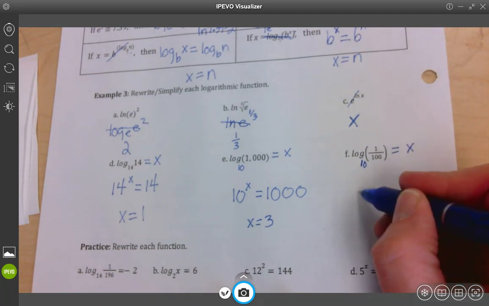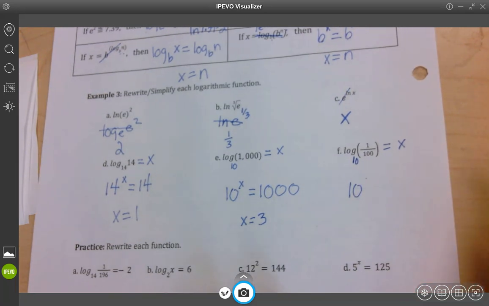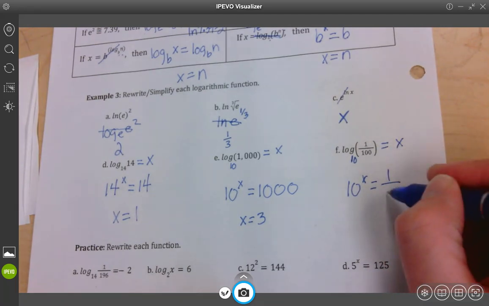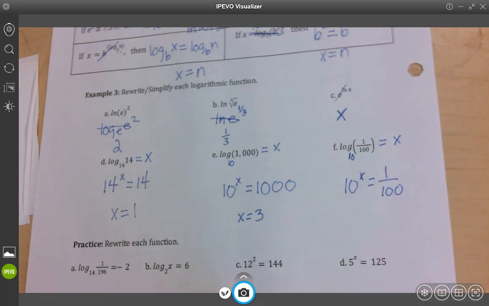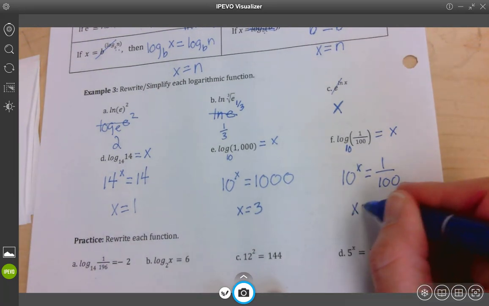And I'm going to write 10 raised to what exponent? X, good. Equals 1 over 100. What kind of exponent do I need for a reciprocal? And then it's not -1 this time. It's negative what? -2. Good. Because 10 squared is 100, right? So 10 to the -2 will be 1 over 100.